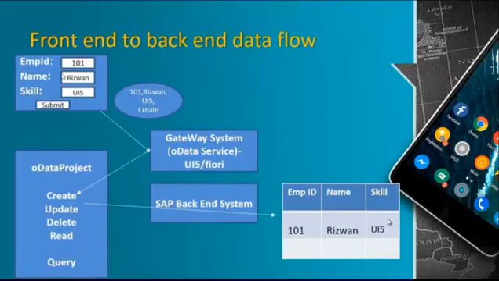So any web application needs a web server, correct? So for an SAP UI5 application, when you develop it, where do you deploy? That application needs to be deployed in a web server, correct? So you will deploy into the SAP gateway system. This acts like a web server for your SAP UI5 application. Okay, this is the second reason.